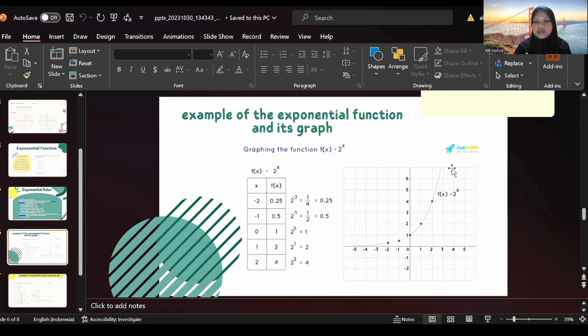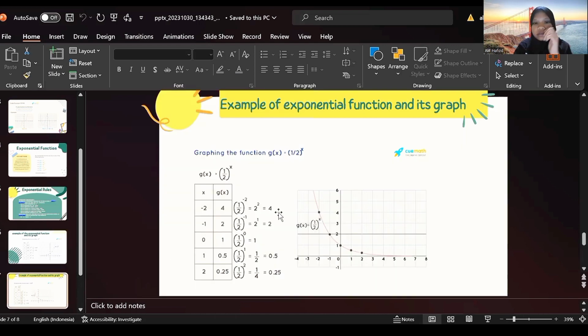So this is the curve when the function is positive, like this. There are no minus signs in this function, so the line will increase to the right side, like this. But on the other side, when the function result has a negative sign, the line will be like this.